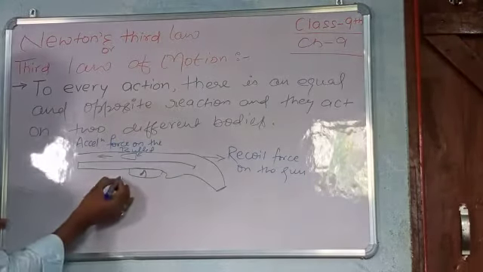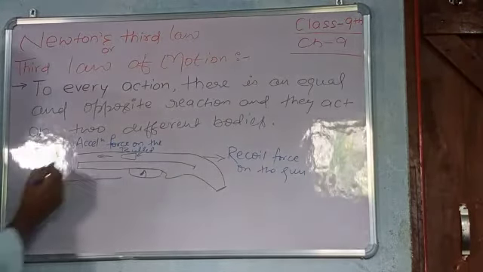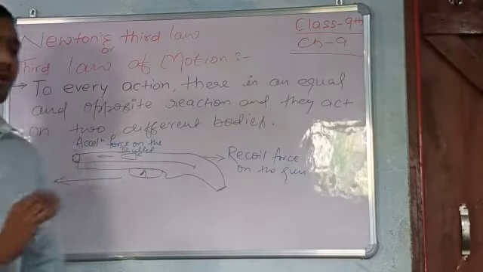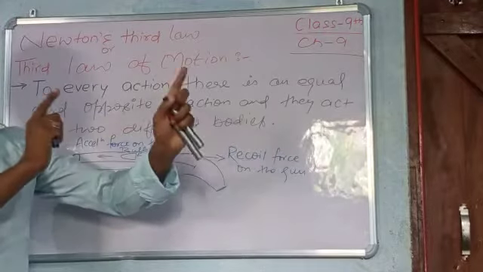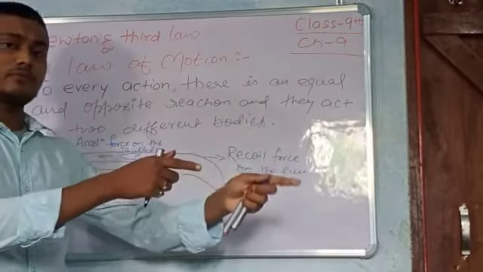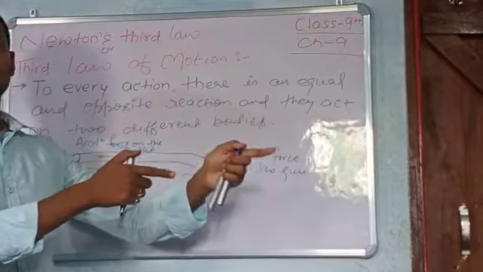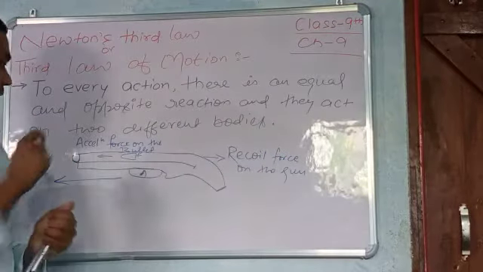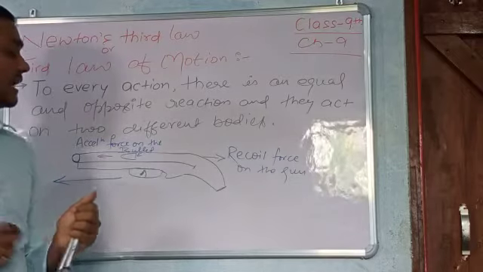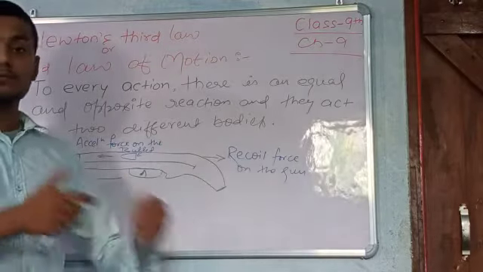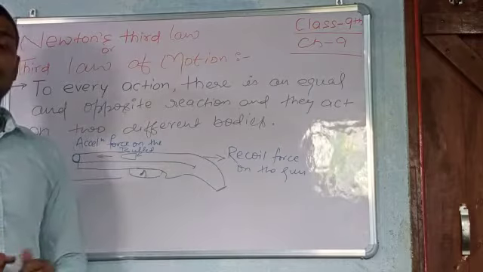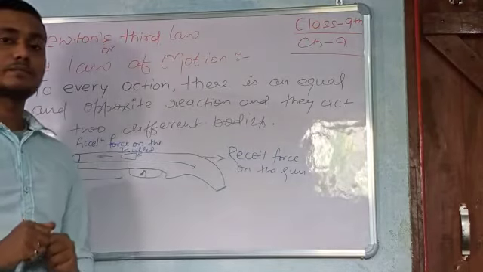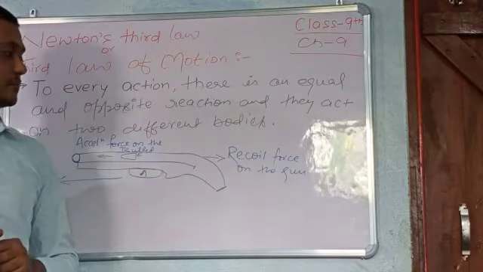Okay, in this direction. But when you fire, you exert a force just opposite to the direction of the bullet. It means that this gun also exerts an equal amount of force toward the person who shoots the gun.